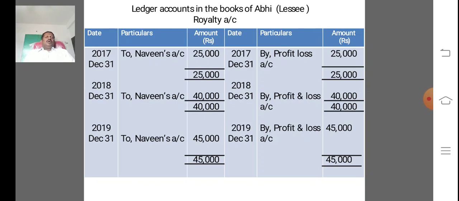In 18, to Naveen's account 40,000, by profit and loss account 40,000. In 2019, to Naveen's account 45,000, by profit and loss account 45,000.